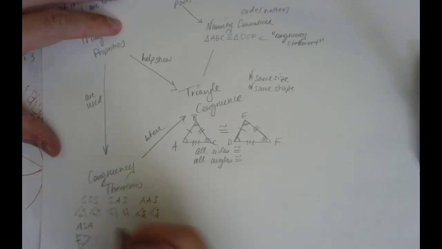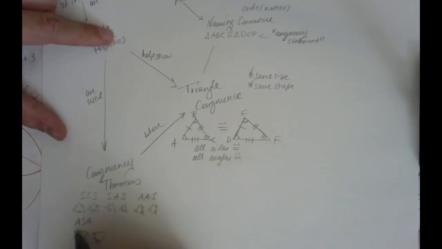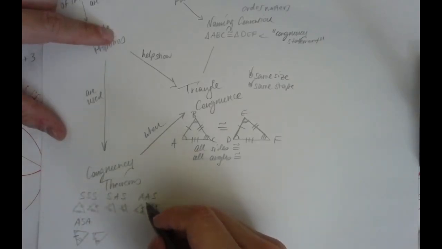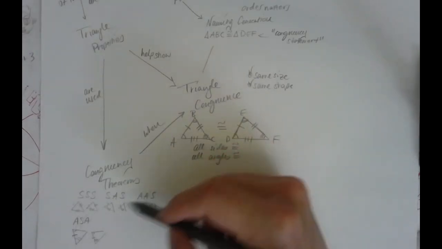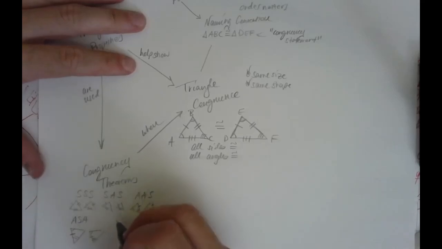Beautiful. And now, this is not a great picture, sorry guys, but you get the point, right? If we have a side and two angles, and the side is wedged between those angles, notice the importance of the order here. The order of these letters matters.